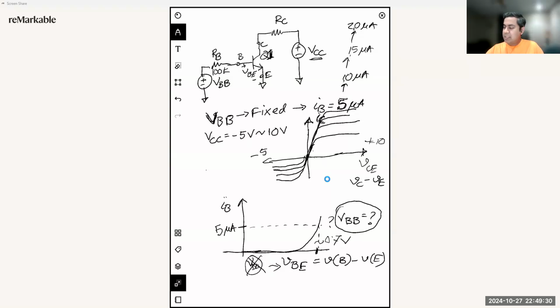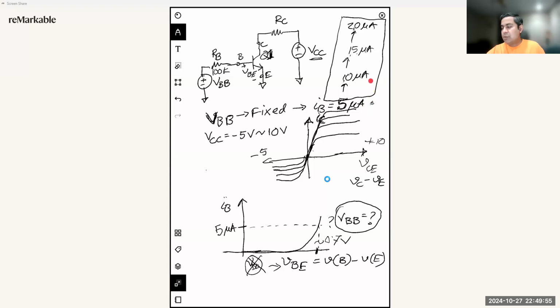They will look more like this IC-VCE plot. The way we change this IB current is that you know the voltage VBB required for the simulation for these particular IB values. Say 1.5 volts of VBB gives you the 5 microampere base current.